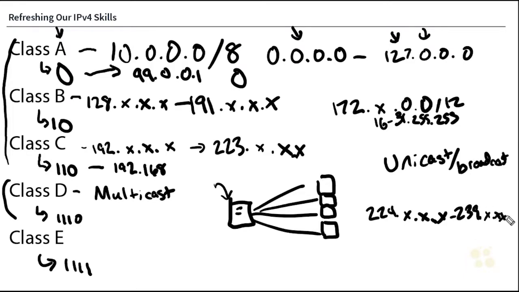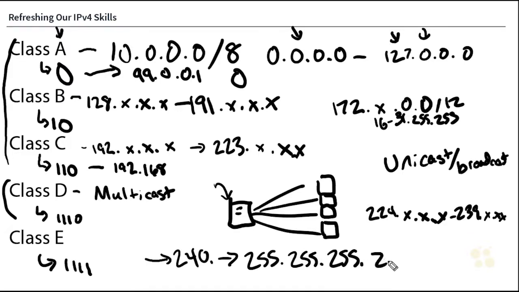I'm just going to write x.x.x here. And lastly, Class E is reserved for experimental networking, which is going to be 240 through 255, but not, of course, the broadcast address. We're going to cut this off at 255.255.255.254 because all 255s is the maxed out all devices broadcast address.